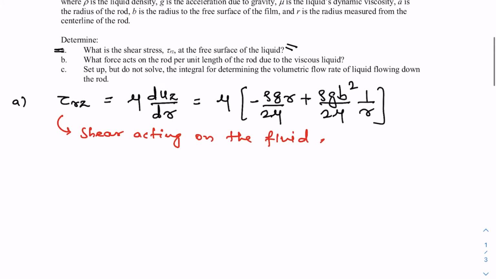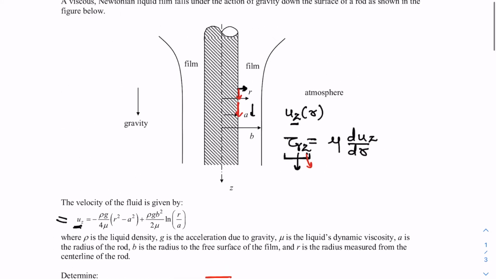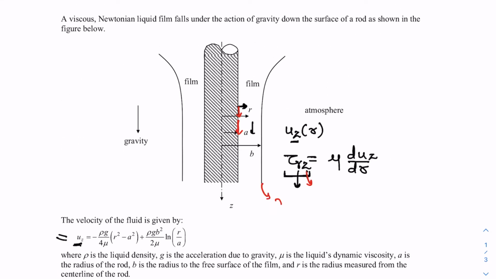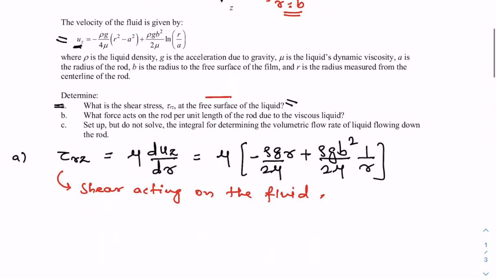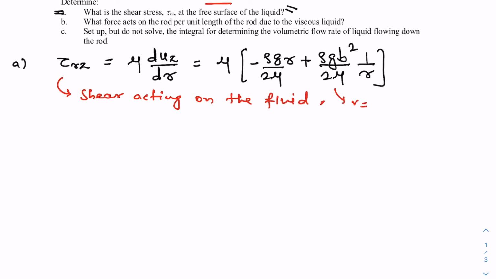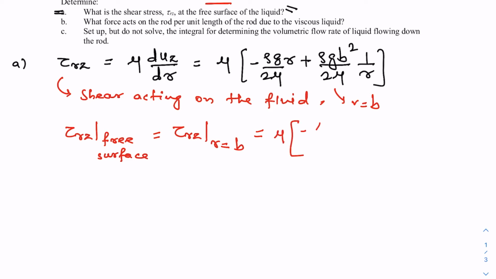Now to find the shear stress acting on the free surface: if you look at the free surface, r is equal to b. So you just need to substitute r equal to b in this calculation. Tau rz at the free surface is tau rz at r equal to b, and it comes out to be mu times minus rho g b upon 2 mu plus rho g b square upon 2 mu times 1 by b.